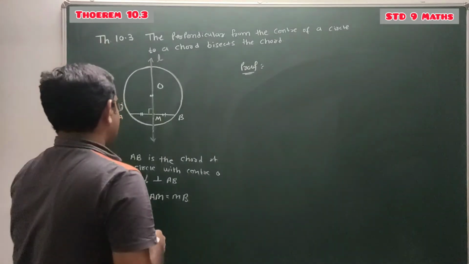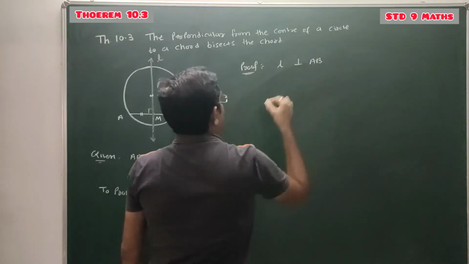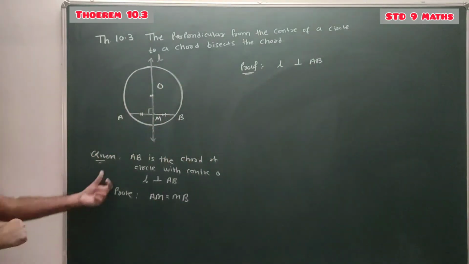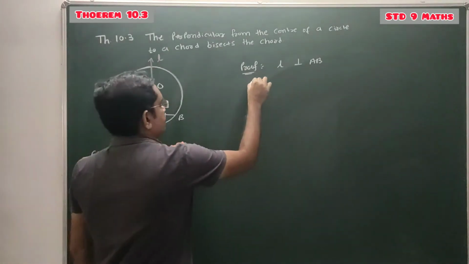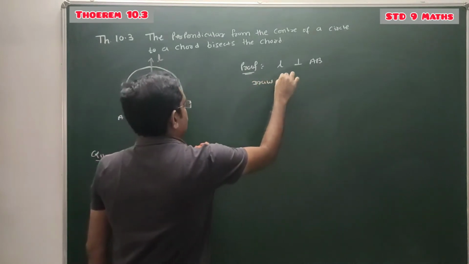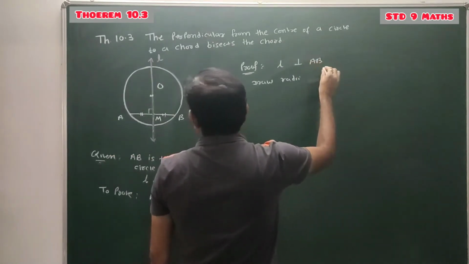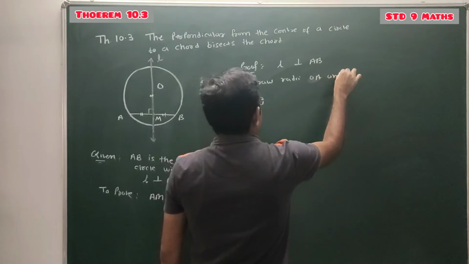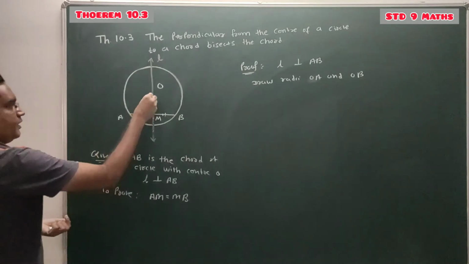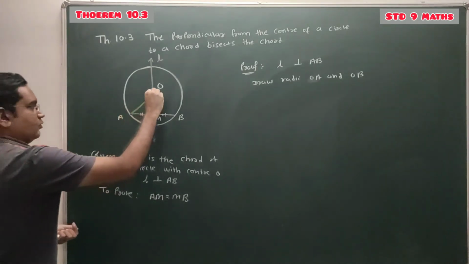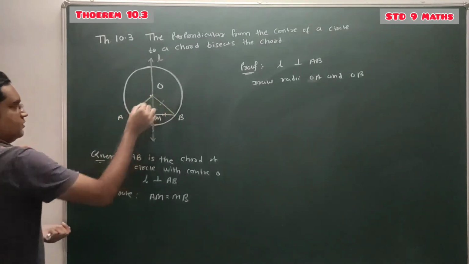So AB is the chord, and line L is perpendicular to AB, and line L intersects AB at point M. So now draw radii of the circle, OA and OB. So let's consider two radii of the circle, OA and OB. These are radii of the same circle, so they have the same length.